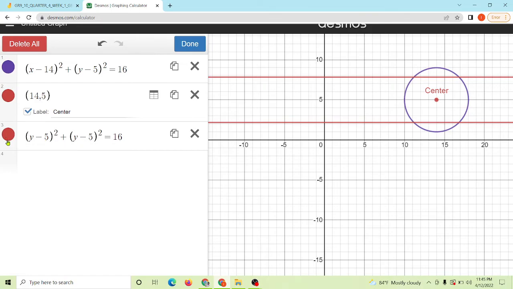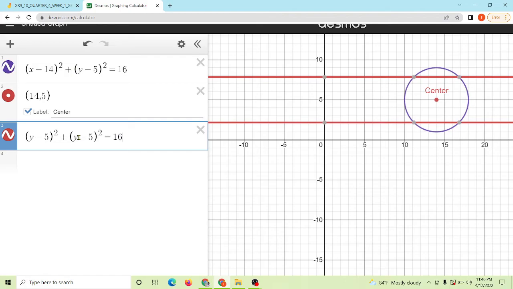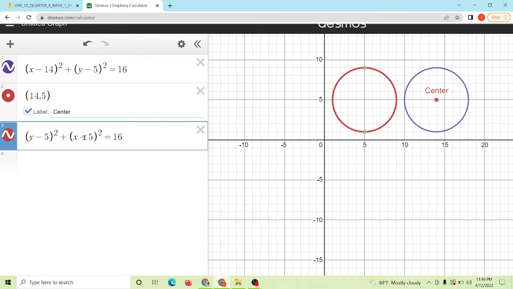Now when I'm done with this equation, it's going to be on top of the circle, and it would obviously mean that it's exactly the same. And that's actually what I want to show. So minus 5, and then of course we have x minus 14. And exactly what I said. And of course the radius is 4, and everything else is still the same.